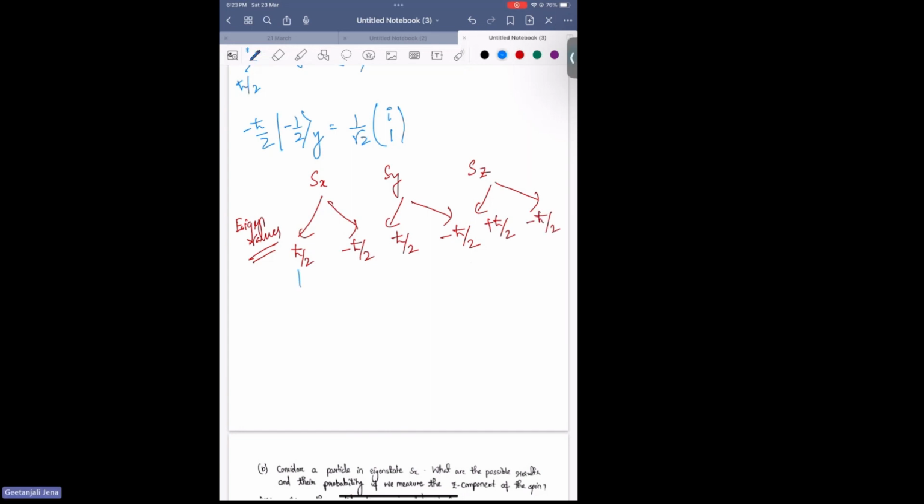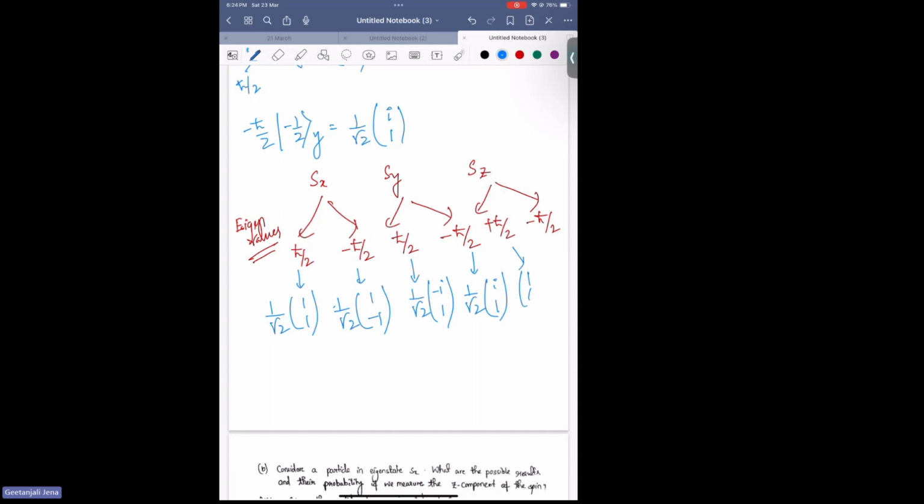Now the eigenvector of this one is nothing but 1 by root 2, (1, 1). And this one is 1 by root 2, (1, -1). For this, it is 1 by root 2, (-i, 1). This one is 1 by root 2, (i, 1).